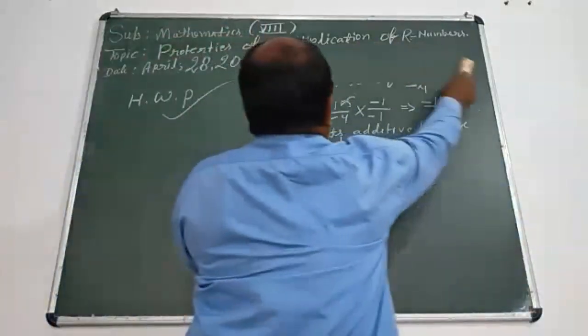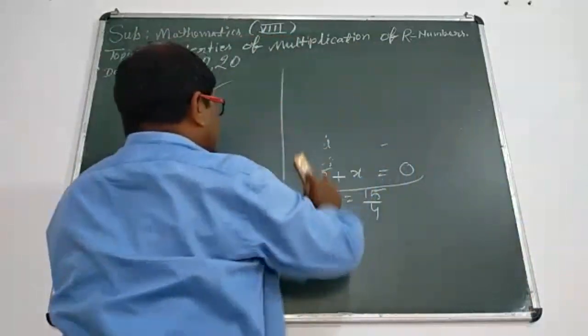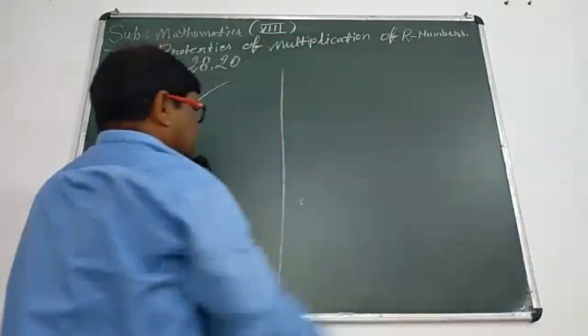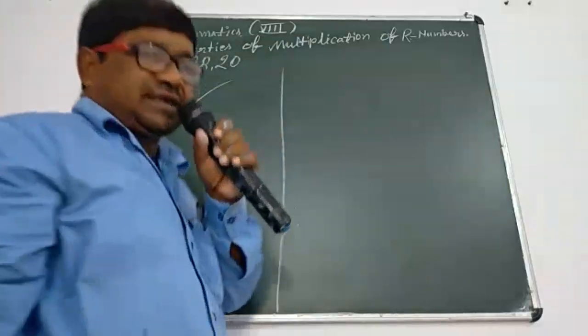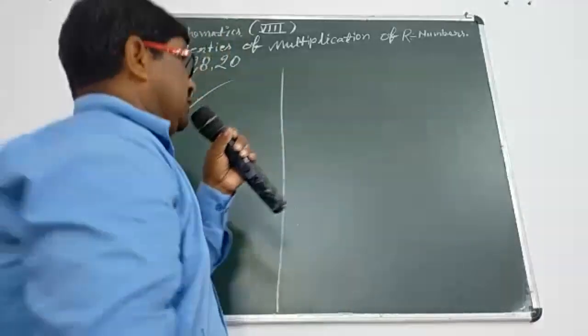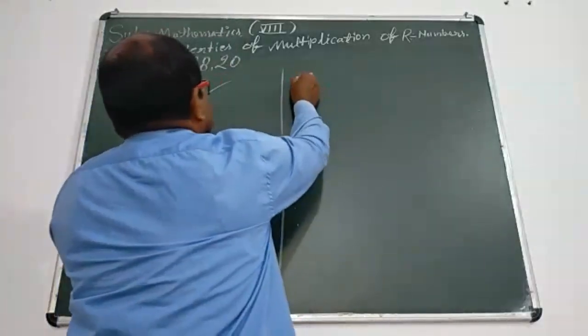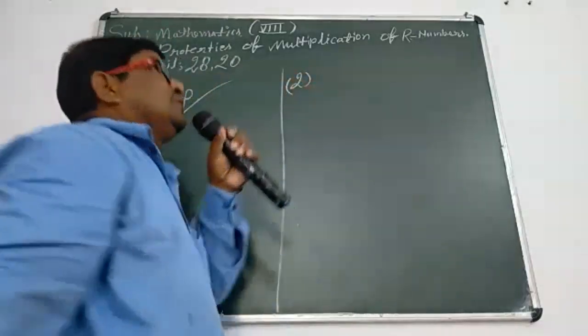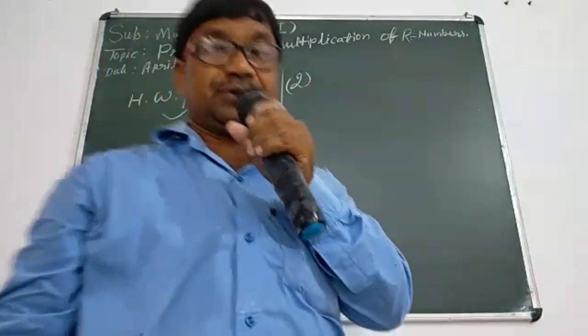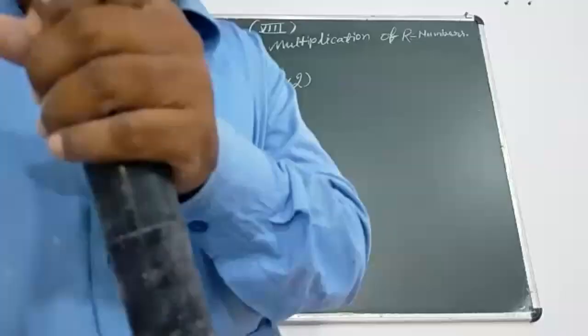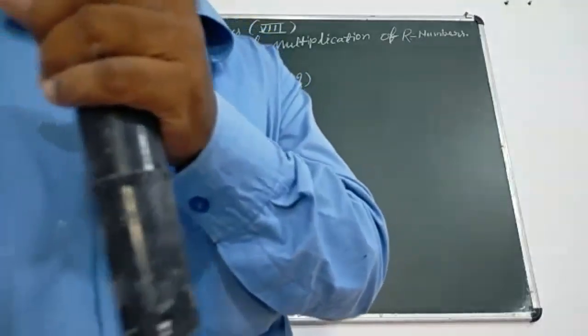Okay, now second HW problem. In this way you should make some sums and try to solve them yourself. Question number 2, HW problem number 2. Find the difference. Subtract.